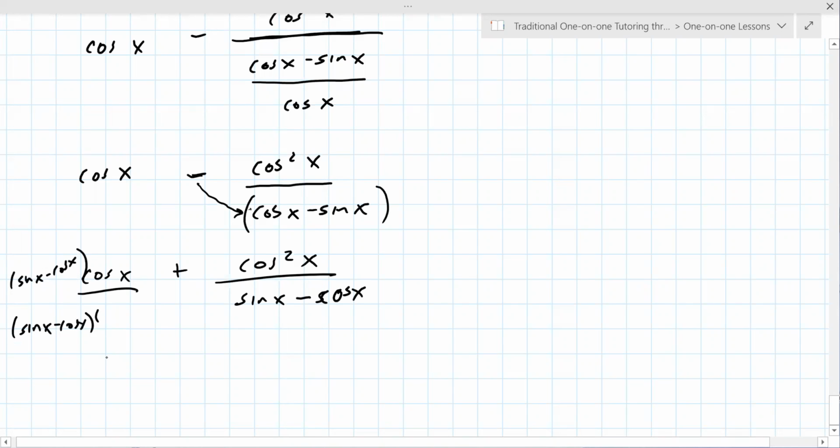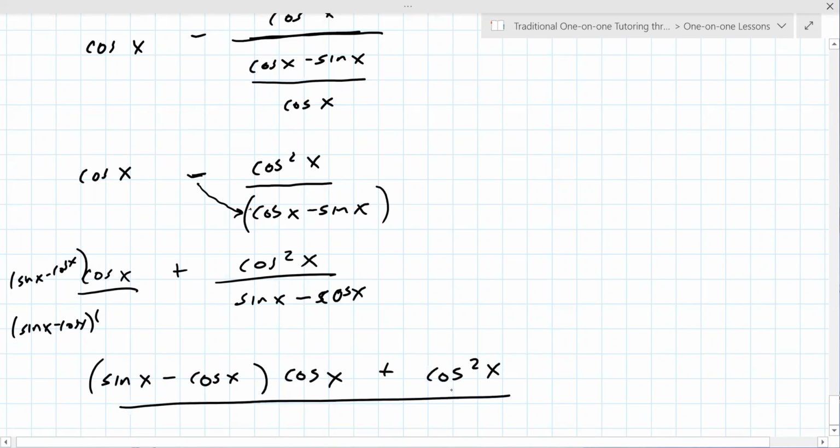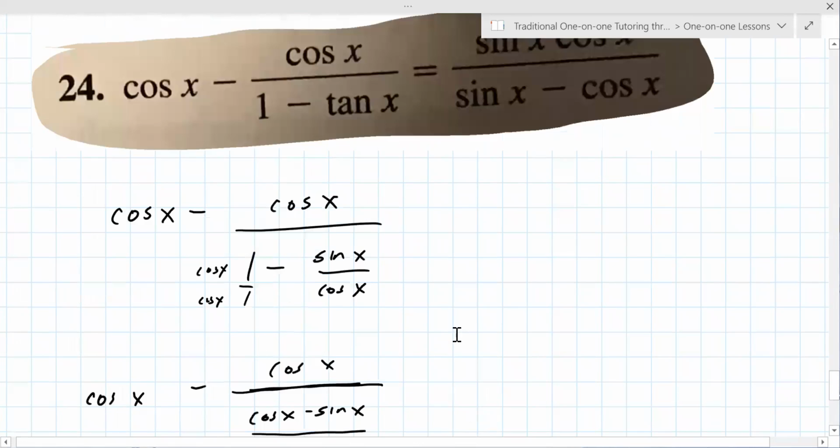Okay, I figured. So that becomes sine x minus cosine x times cosine x, maybe we do want to distribute in, I'm not sure yet, all over sine x minus cosine x. Okay. You get so deep into these problems, sometimes you forget what you're actually doing.